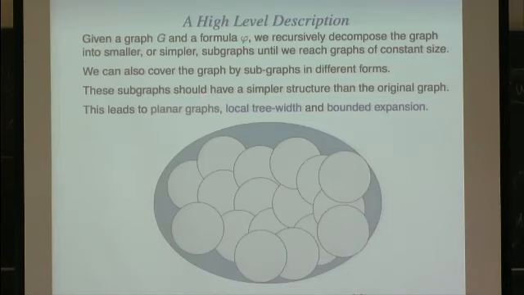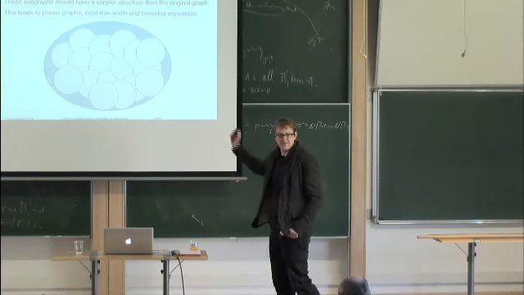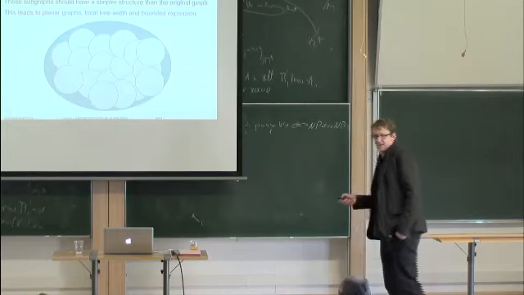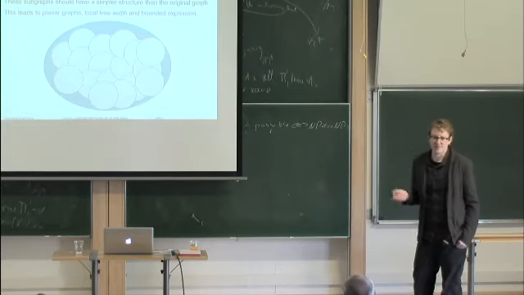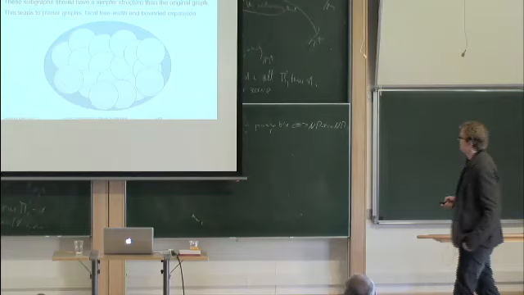For instance, if you could show that you can cover your graph by these subgraphs, and these have small tree width, then you can decompose any of these into constant size subgraphs, solve your problem there, combine everything, and so on and so forth. This is very hand wavy, obviously, and this is the other key idea you would use. It's just different forms of how you cover your graph with subgraphs. Well, that's all there is.